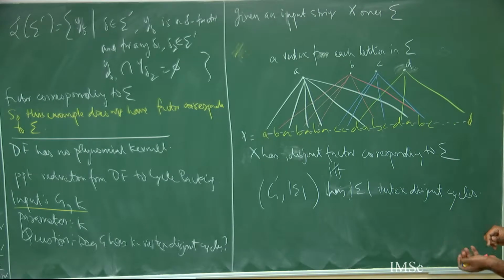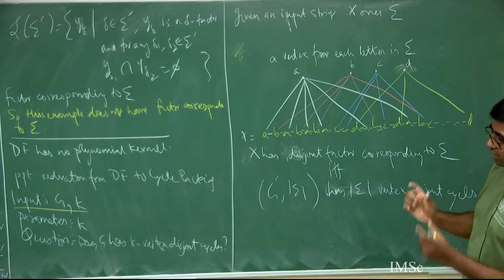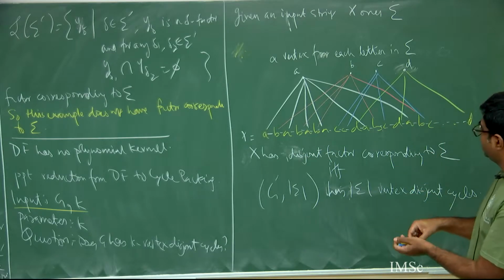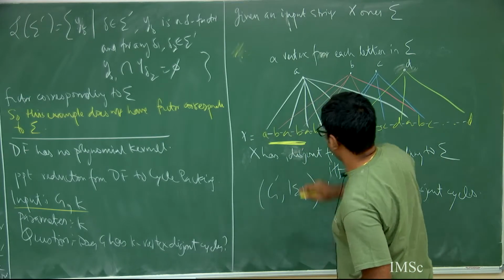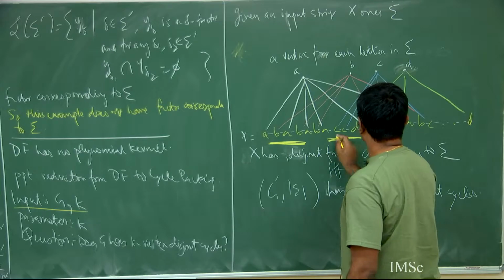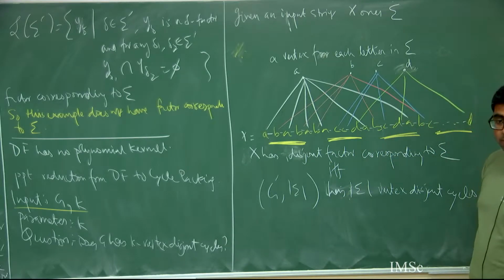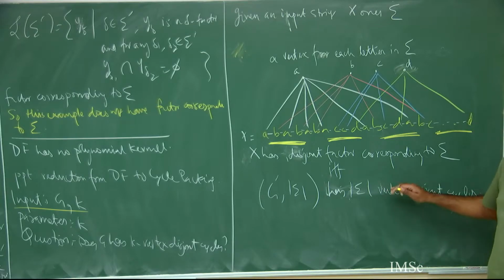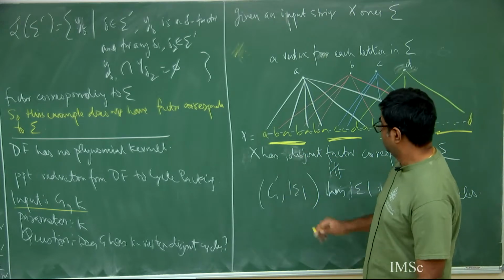I mean, look, if I have a disjoint factor, then in this string they are disjoint, they do not overlap. So basically I will get something starting like this, something like this, something like this, right? If I have a disjoint factor, what is the meaning of this? These are the strings which do not overlap and they start and end at the same letter, right? So now how will I get the cycles?